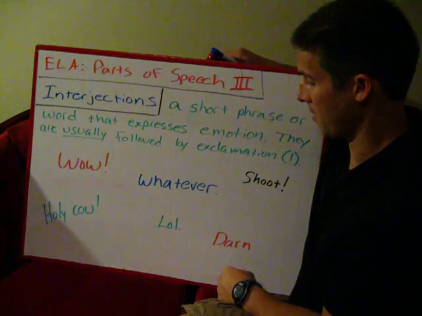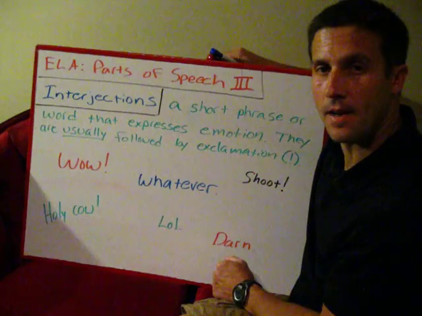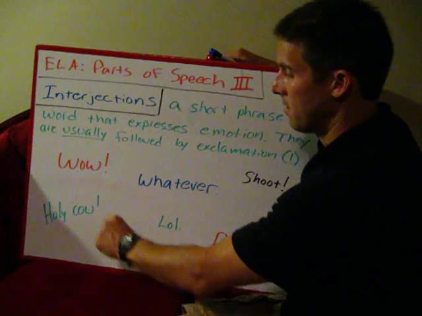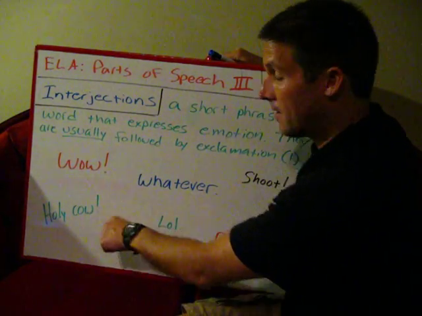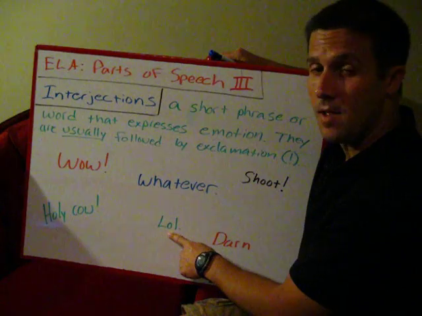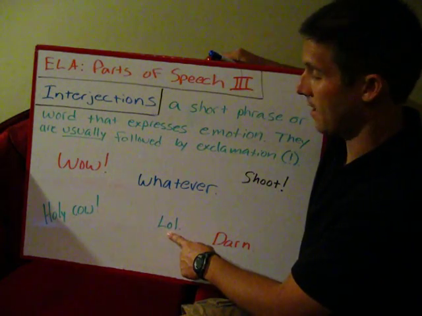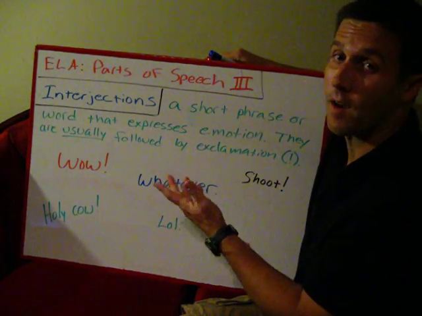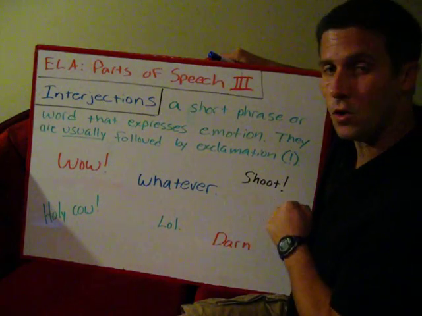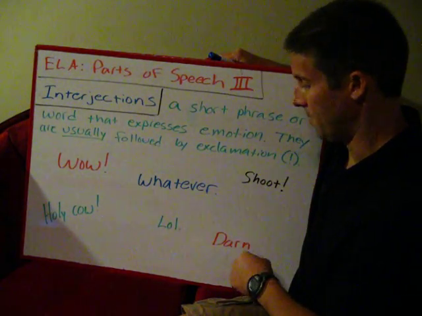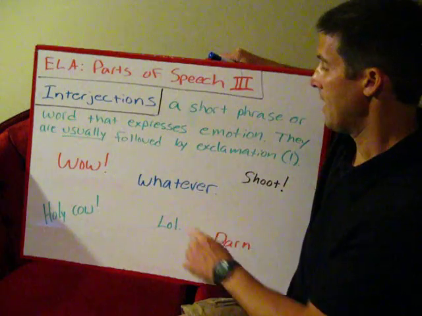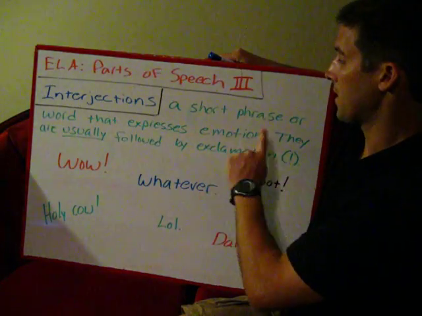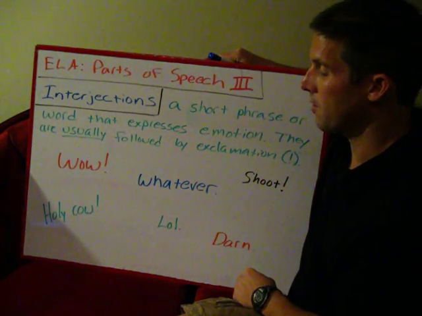You'll see the author write these words down. Wow! Or holy cow! Or LOL. You've probably used that a lot yourself. Whatever. Shoot! Or darn. Again, just a phrase or word that expresses emotion. We would call those interjections.